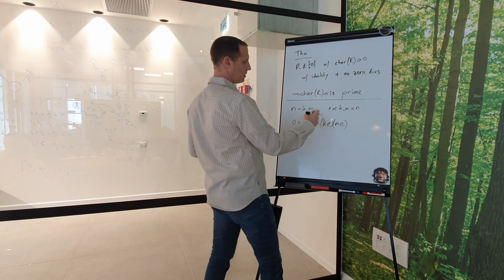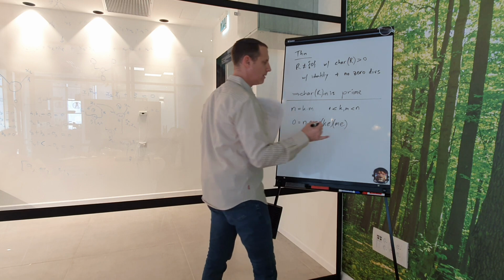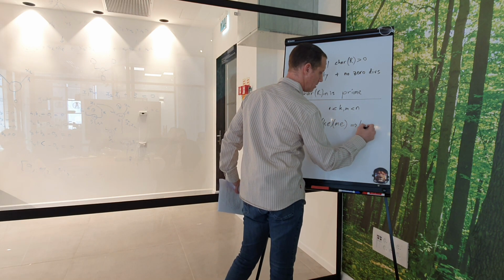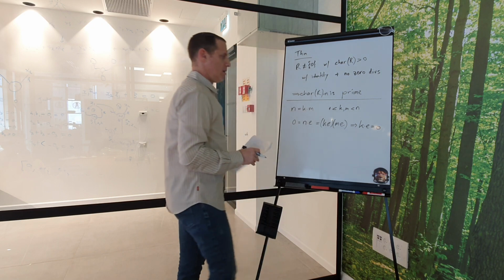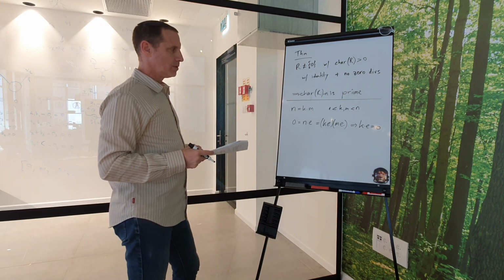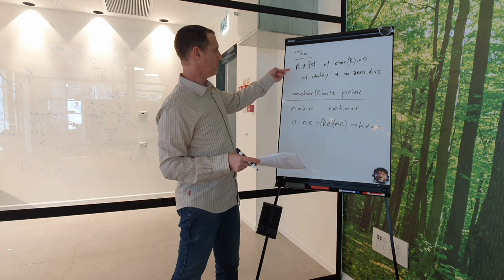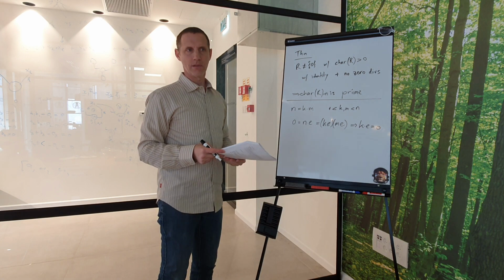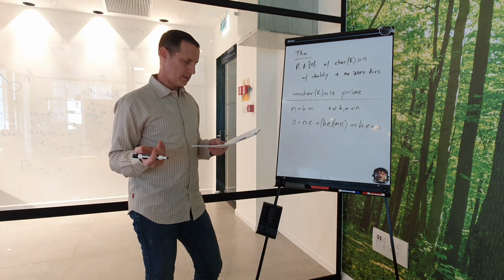Now, let's just assume without loss of generality that k e equals 0, okay? Right? Now, if k e equals 0, it suffices to use the previous definition, right? But then the characteristic is less than n, right?